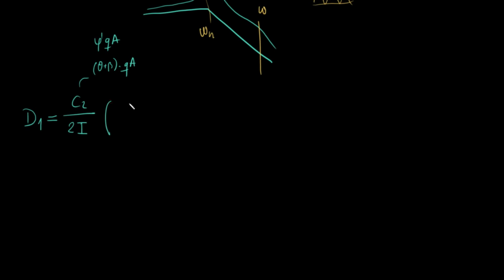Okay. C2, and then we have this over here. Doesn't look too bad, does it? Well, wait a moment. You know what? I'm just going to call it, to make it more compact, D1 or D2.